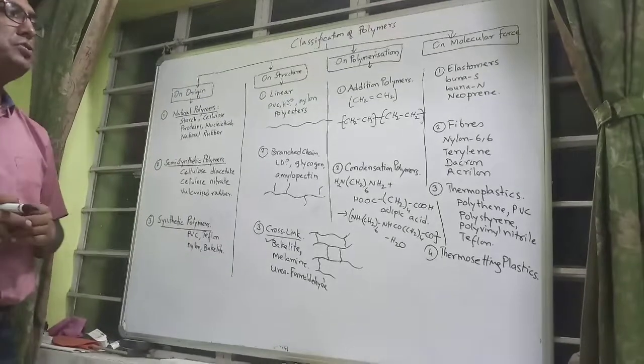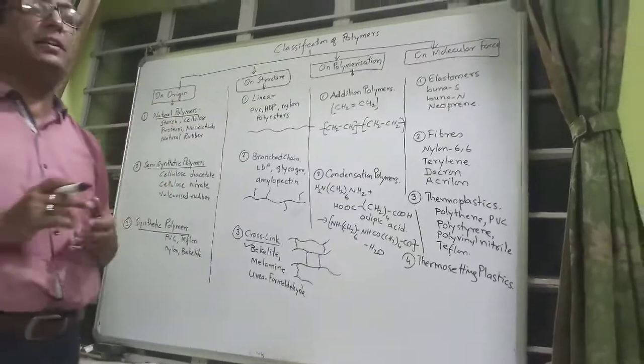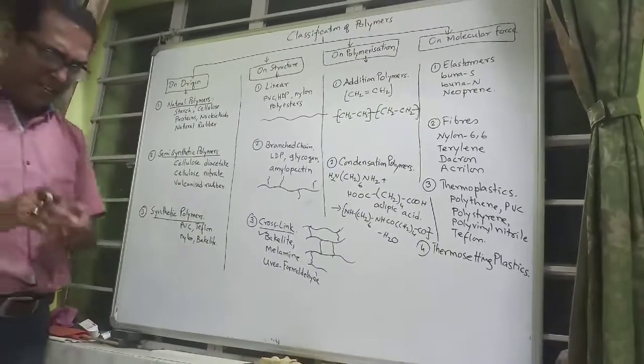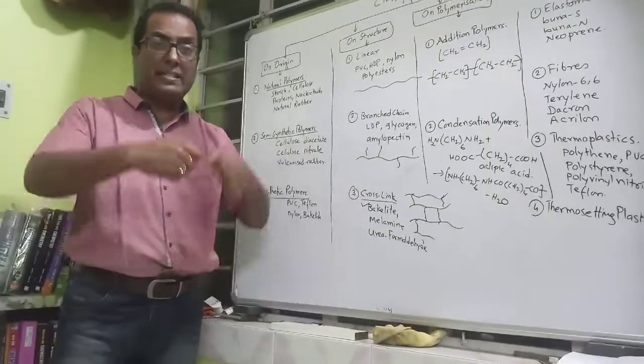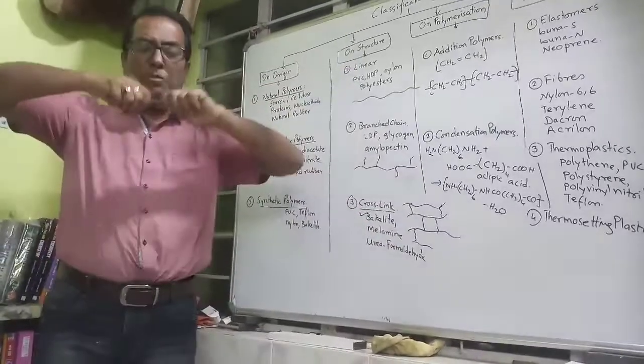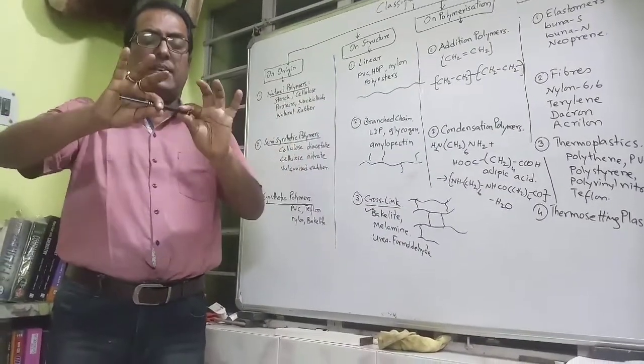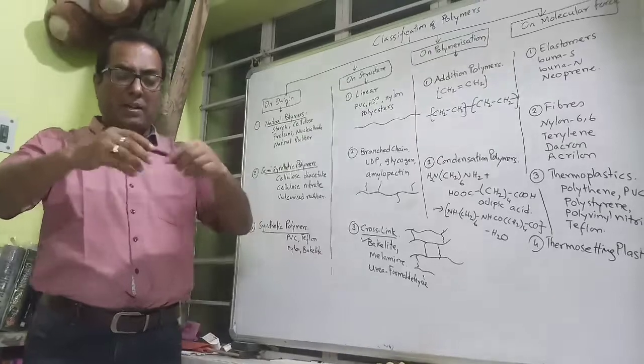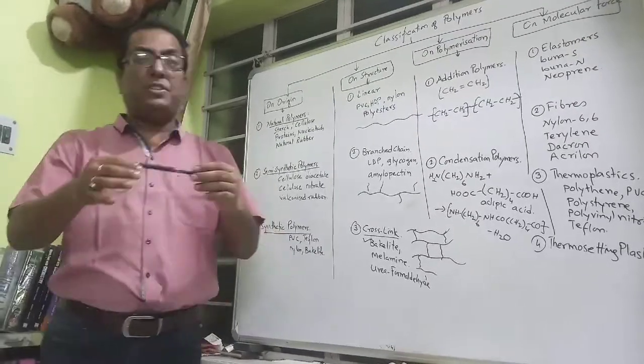Our last basis of classification is the molecular force. There are many polymers which have elasticity. If I take a pen and try to pull it, it has no elasticity, so it doesn't deform its shape.